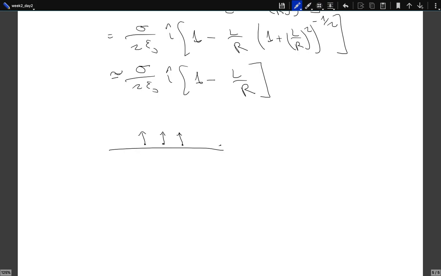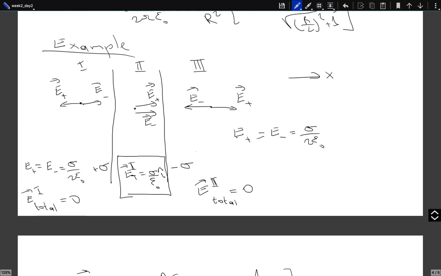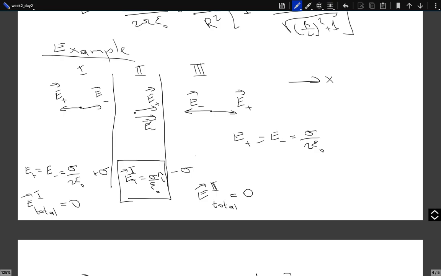But if you come close to the edges, the electric field will no longer be that of an infinite plate. It will be somewhere in this direction. But as long as you are away from the edges and very close to the surface, you can approximate it by an infinite plate. And one of the places where this approximation works quite well is capacitors.